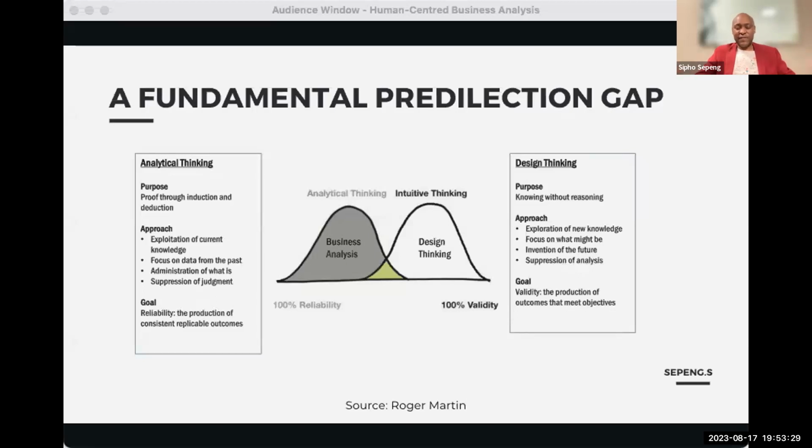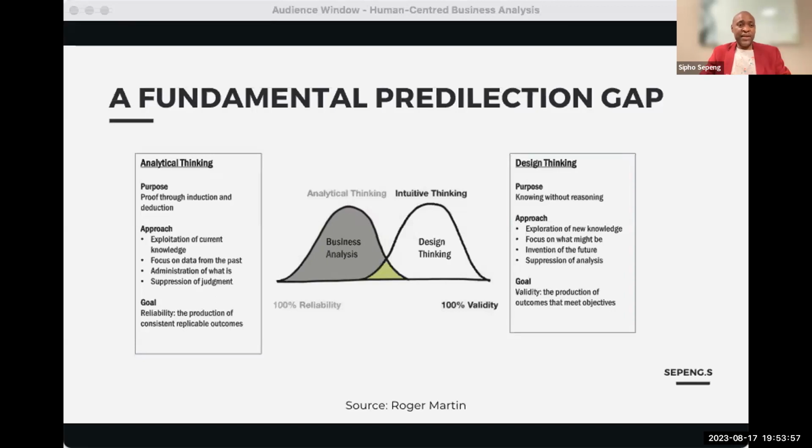And most of us have been in a SAFe and an agile environment. And so we should make the circle bigger and see how both approaches could then be incorporated as part of SAFe as well. And so you can see the distinct differences between the two. On the left-hand side, analytical thinking, and on the right-hand side, design thinking.